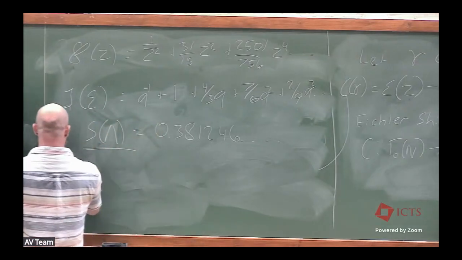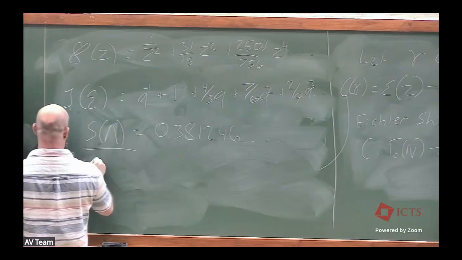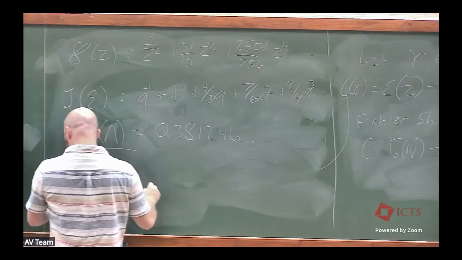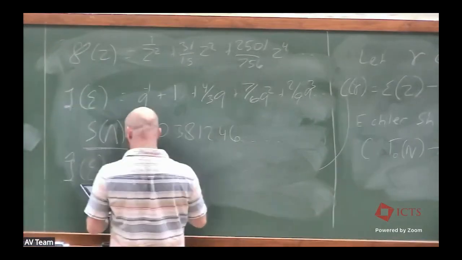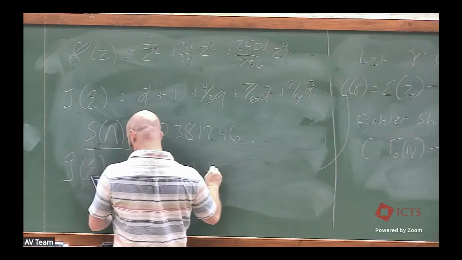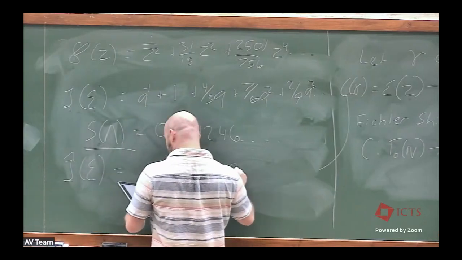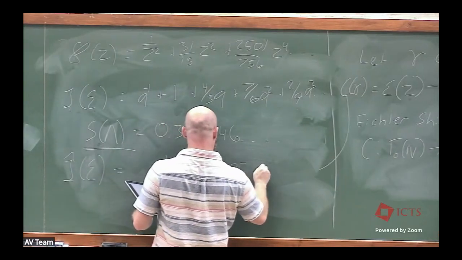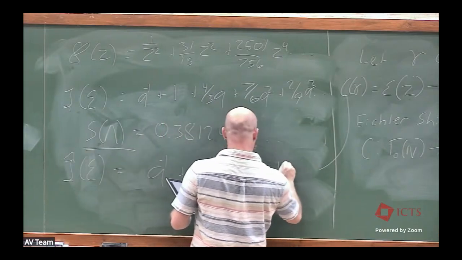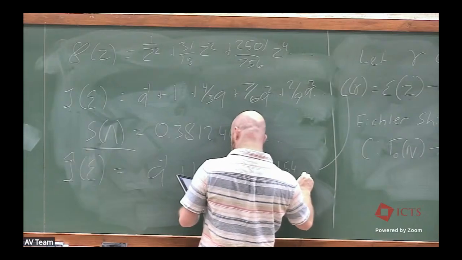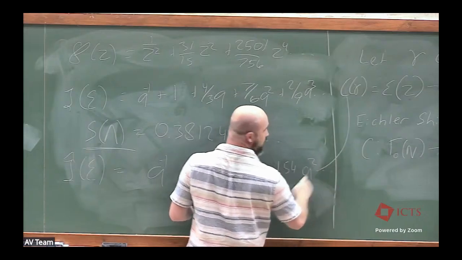And so if I actually plug this in, my Z hat of the Eichler integral, I'd end up getting a harmonic Maass form that starts q to the minus 1 plus 1 plus 0.95, etc., q plus 1.54, and so on, q squared, and so on.